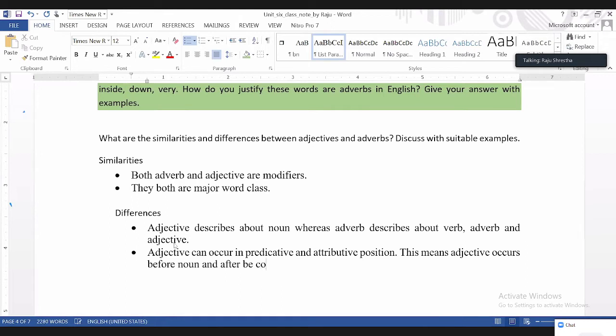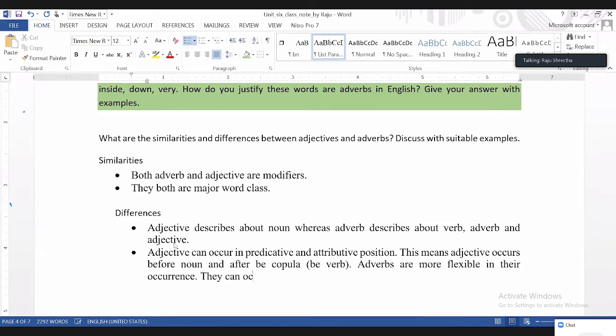Be copula or be verb group मा आउँछ हैन. Adverbs are more flexible in their occurrence.